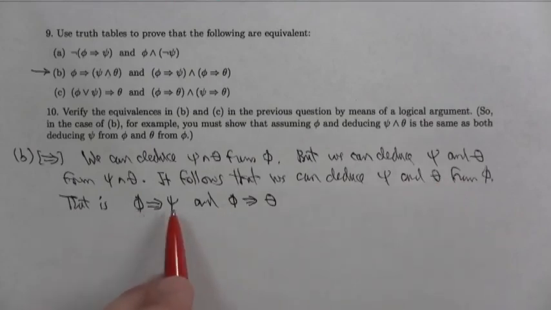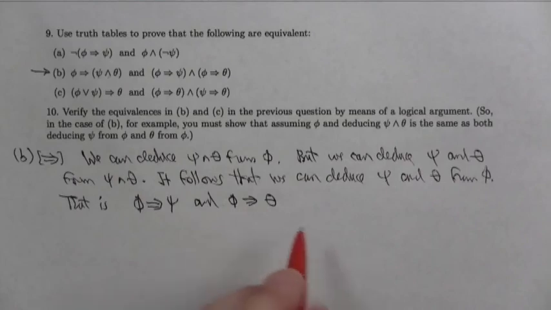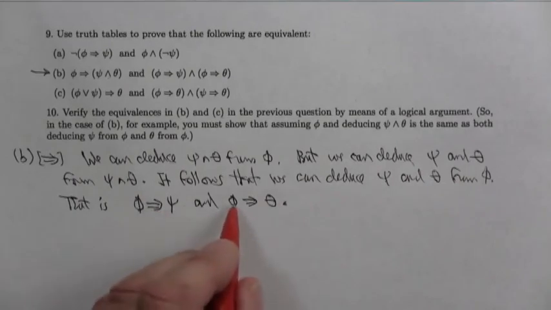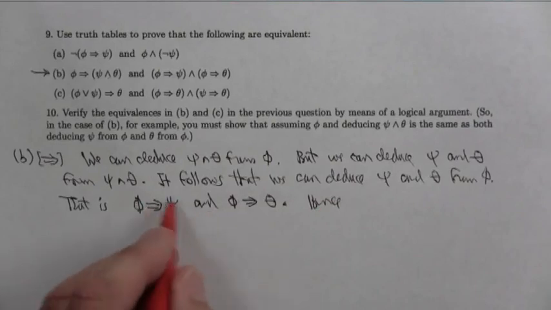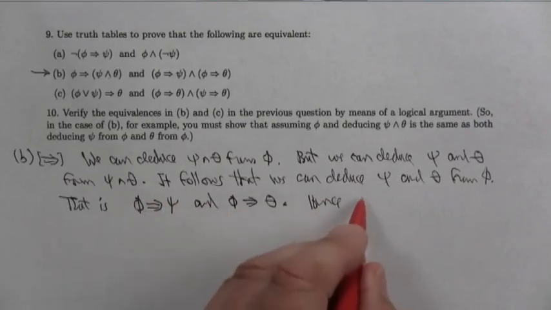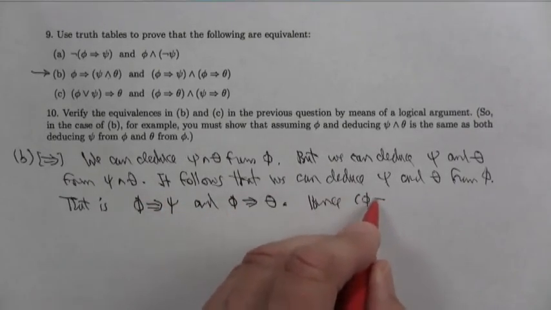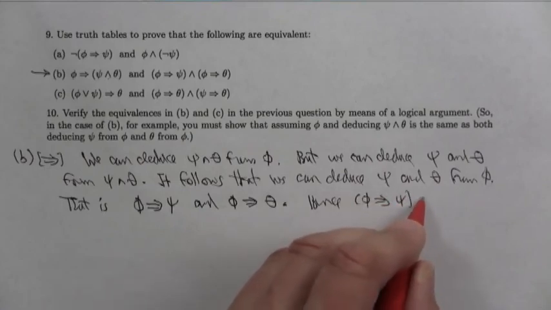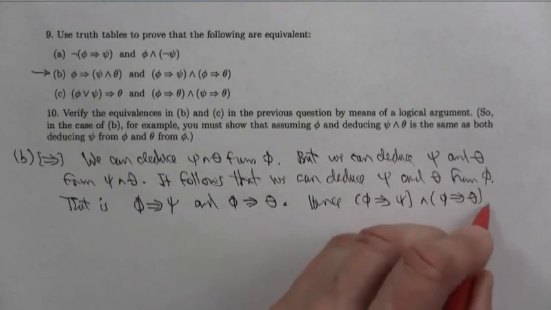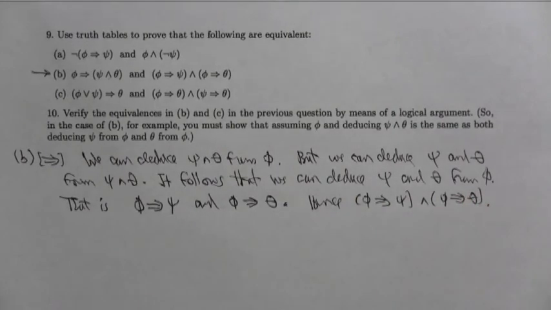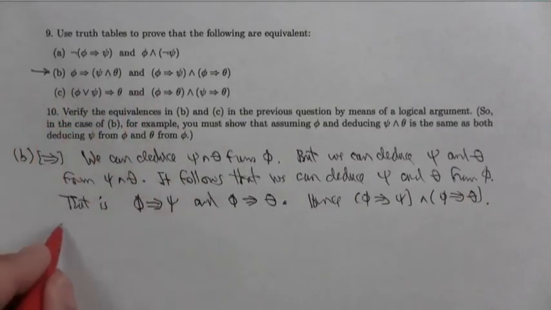So we can go from phi to psi, we can go from phi to theta, and if we can do those two, then we've got their conjunction. If that's established and that's established, then it means we've established phi yields psi and phi yields theta. Okay, well that was the left to right direction.